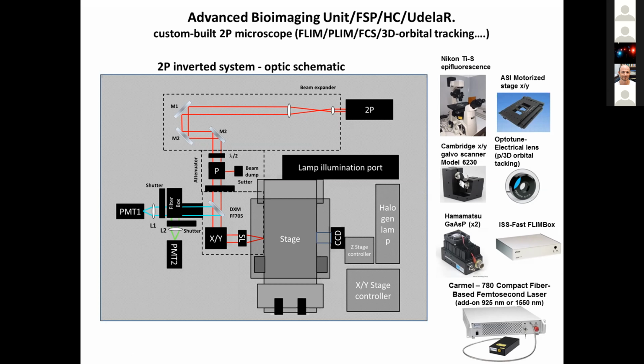We have a motorized stage, the scanner that I spoke about before, the detector that I talked about before, and the ISS fast FLIM in order to do FLIM measurements, also phosphorescent lifetime measurement, FCS, 3D orbital tracking, and most of the techniques that we will cover during the course.